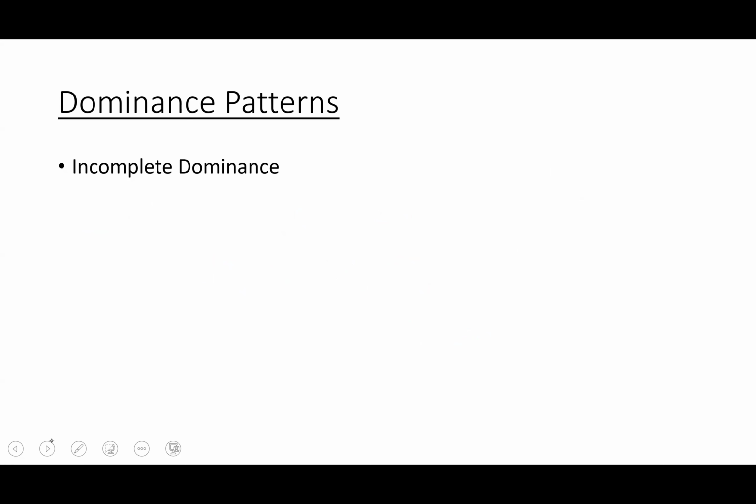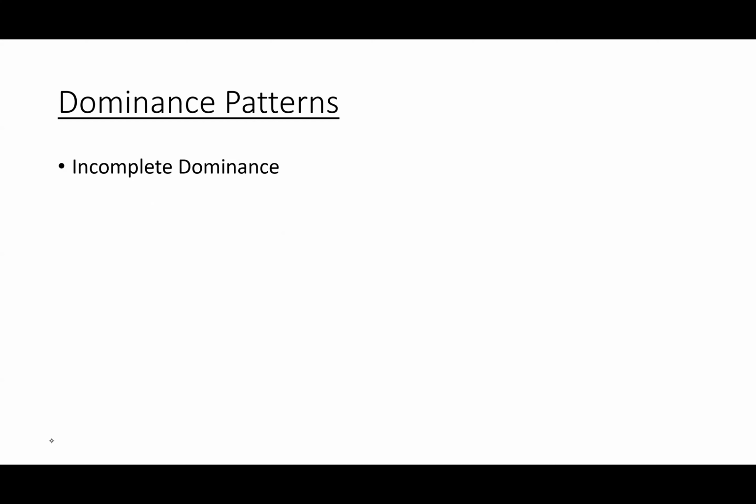So the first one that we're going to talk about is incomplete dominance. Thinking about this in comparison to complete dominance, what do you think it means if there's incomplete dominance? In complete dominance, the dominant allele covers the recessive allele. In incomplete dominance, it doesn't cover it totally, but it does cover it a little bit.